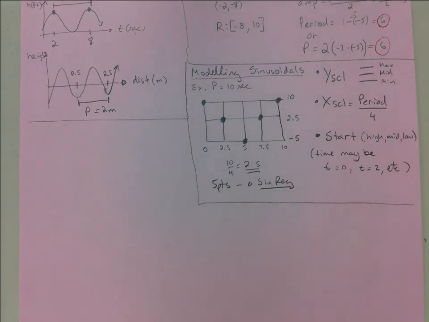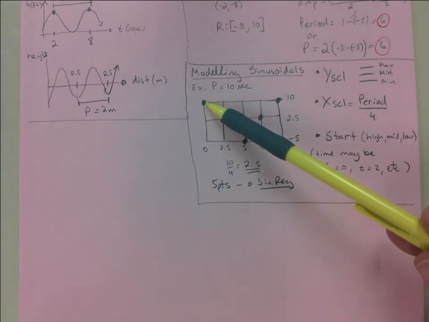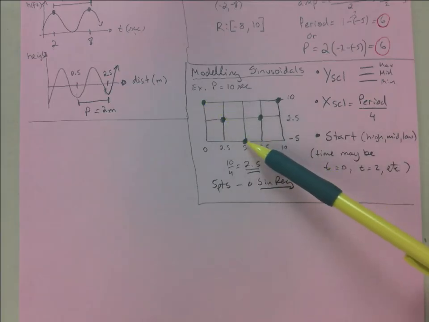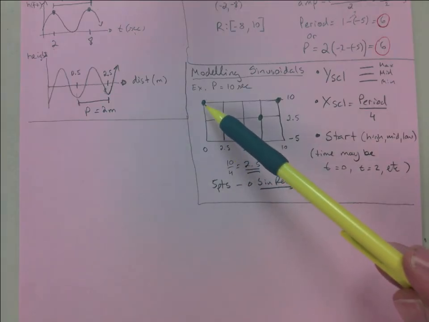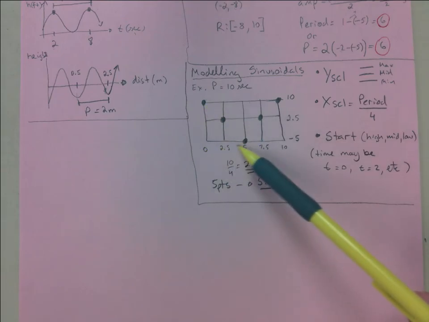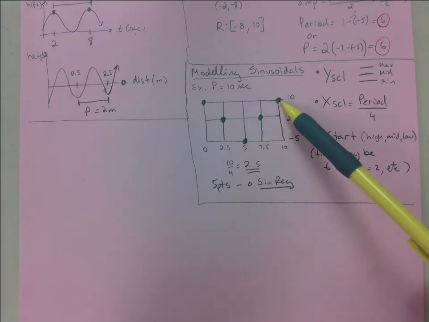Can I just say this? You will encounter a question that starts here, like at a max, and then goes straight to the min. That's not a full period, right? If it takes 5 to get from here to here, if you've moved 5 sideways, then it will take another 5 to get back up.